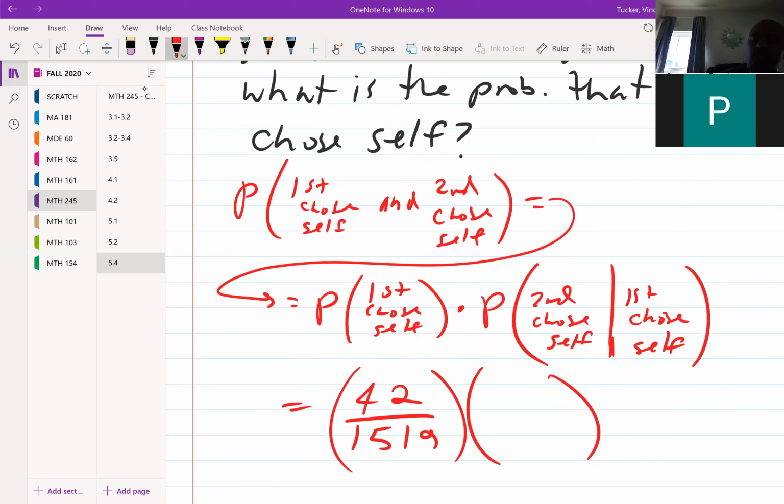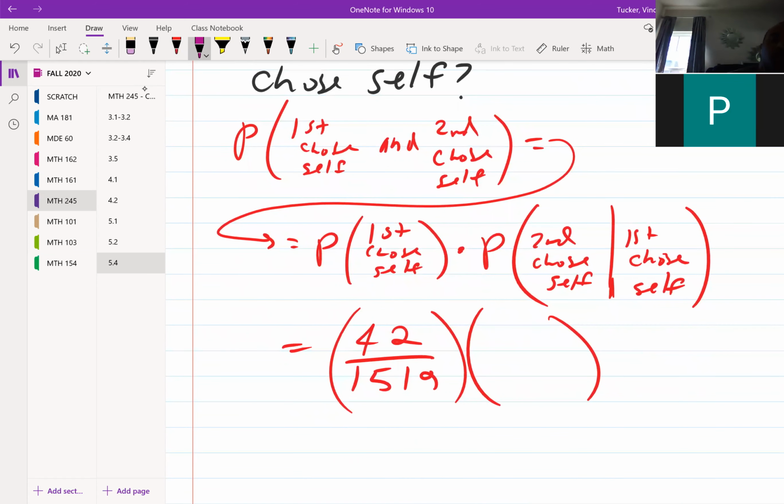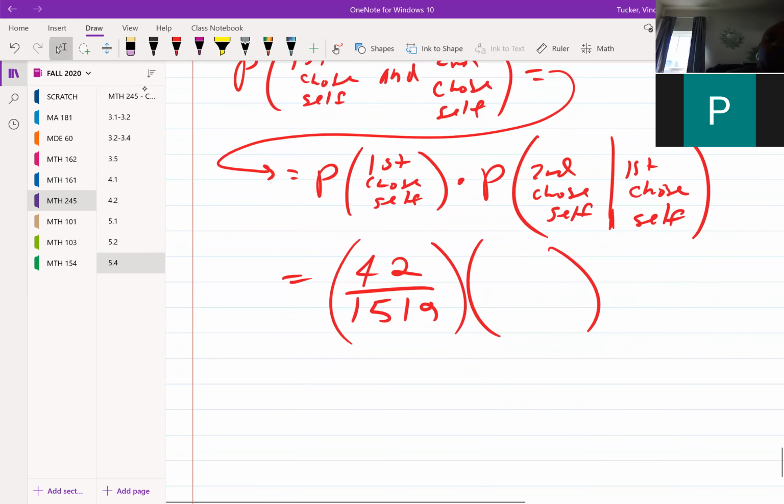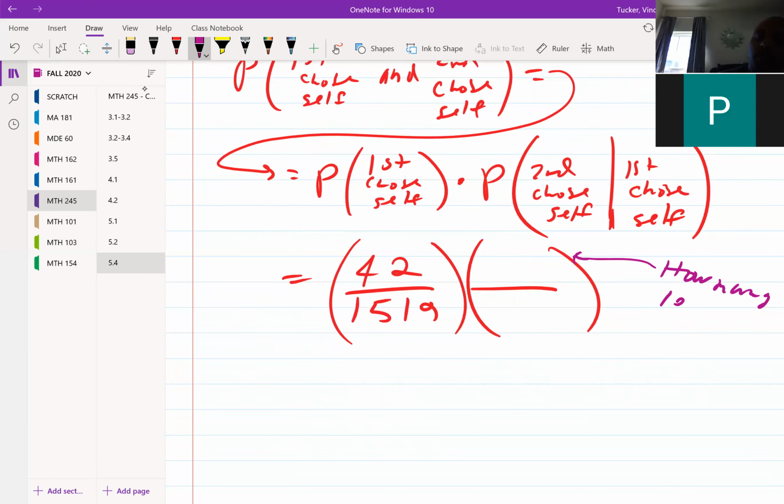Now, this one's a little easier than what we've dealt with up to this point. If the first person chose self, you can ask yourself, well, we know we're going to have our parentheses. How many are left after you pull one out?